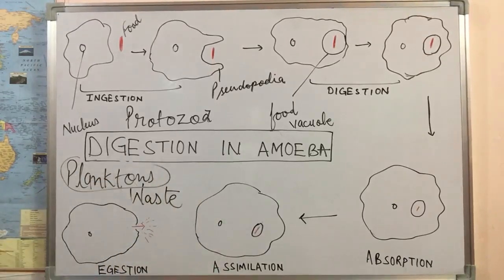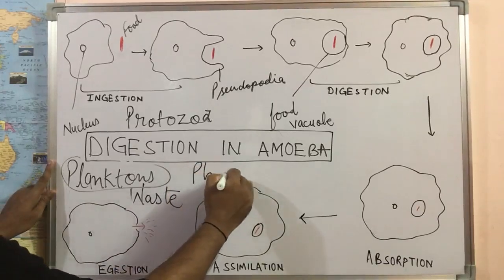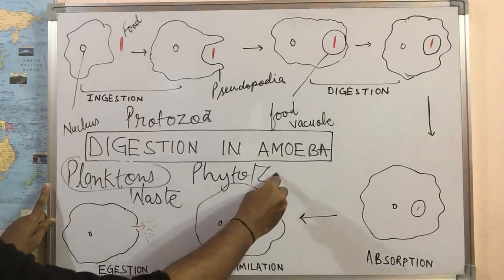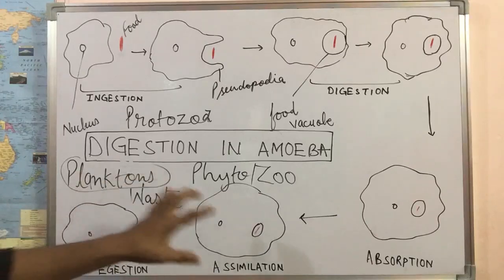Planktons are minute or microscopic organisms present in the water. In water there are plants as well as animals. The plants present in it are called phytoplankton, and the animals present in it are called zooplankton. So phytoplankton and zooplankton are the food of amoeba.